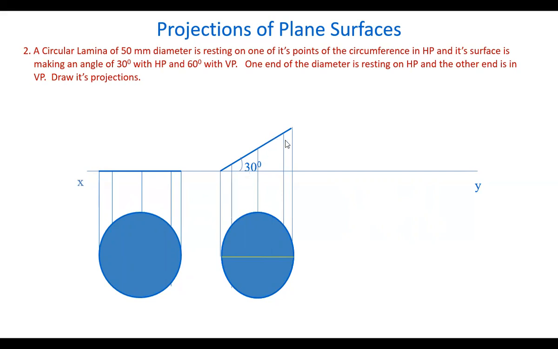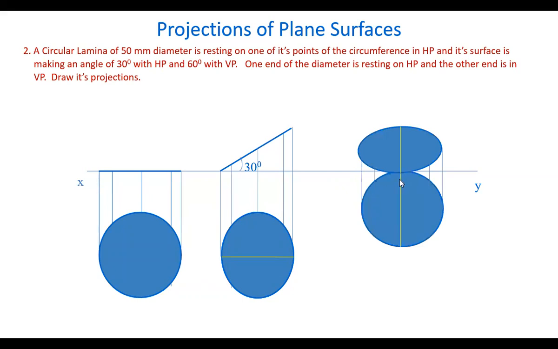That means if we turn this entire plane surface by 90 degrees, rotate this like this, this point comes to this position and turn by 90 degrees, automatically this plane will be making 60 degrees angle with the vertical plane. So we need to rotate this by 90 degrees.